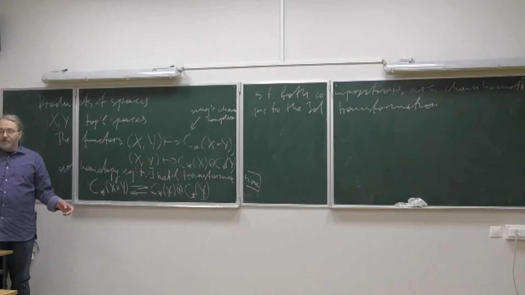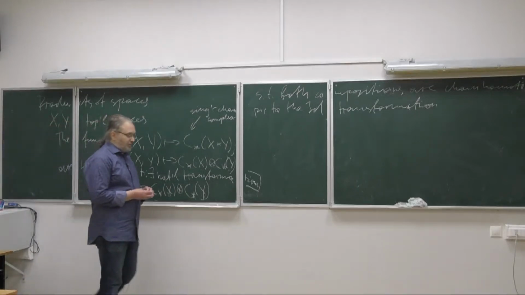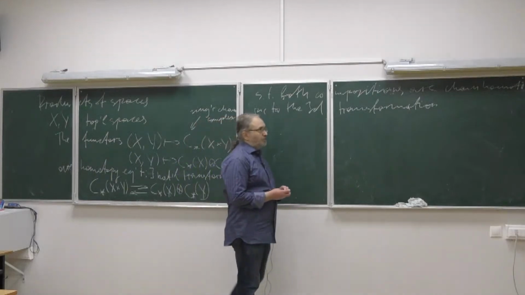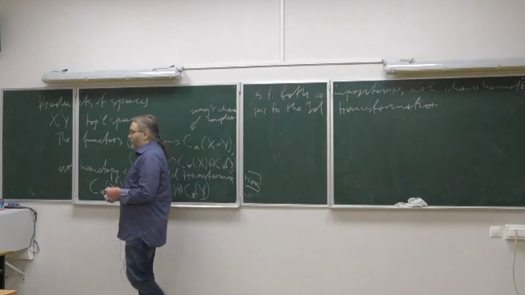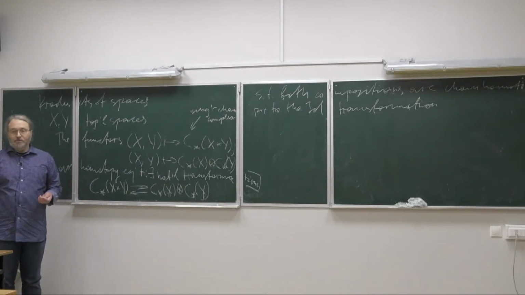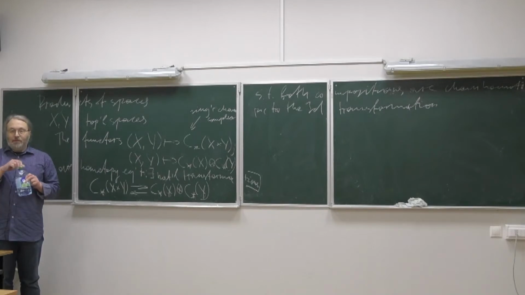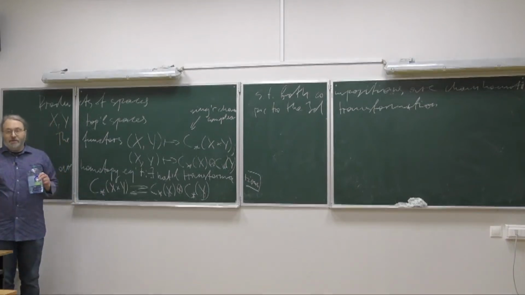Does this make sense? What does it mean that two transformations, for example, of this functor, are chain homotopic?